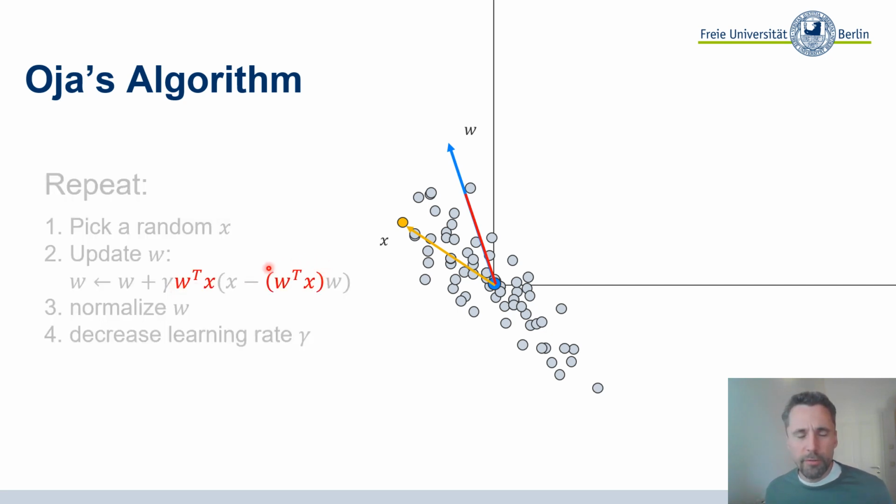Now let's have a look first at these dot products. W transpose x was, as we just discussed, this scalar value that gives us the orthogonal projection onto W. We have it twice in the update equation. So what happens if the data point is in the opposite direction of W? The projection is still a scalar value, but it's negative.